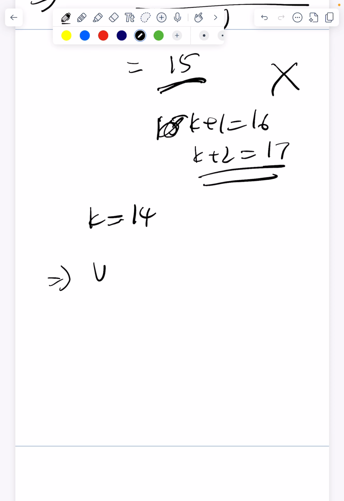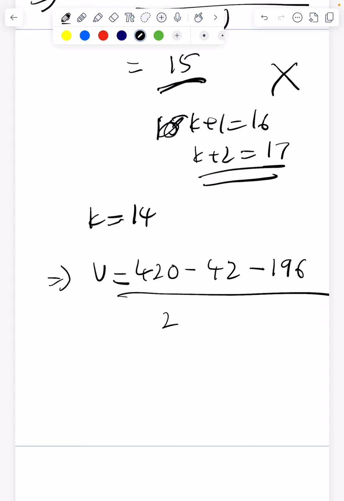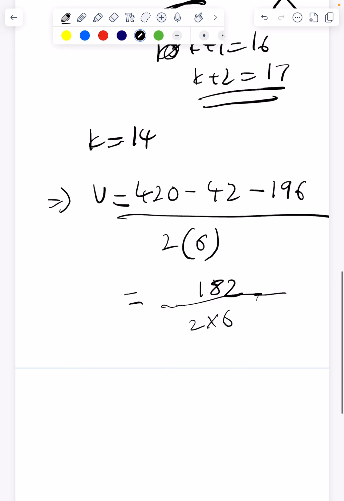In that case, V would be equal to 420 minus 3 into 14, that's 42, minus 14 square is 196, divided by 2 into 20 minus 14, that is 6. What I get in the numerator is 420 minus 238, that would give me 182, right? 182 divided by 2 into 6 is 91 upon 6, which happens to be 15.166, so I'll just take it as 15.167.